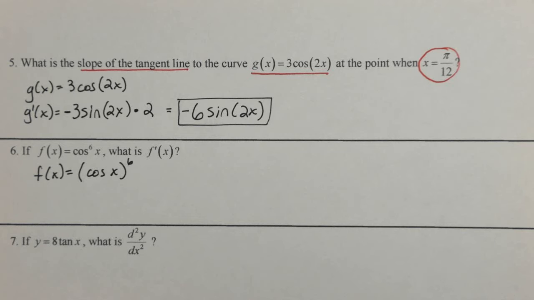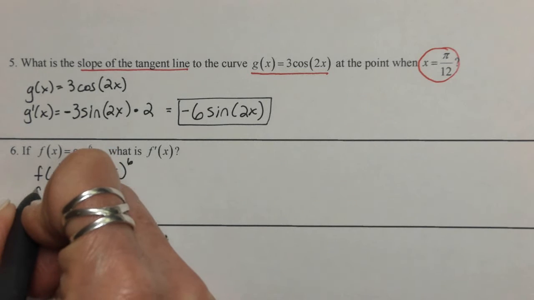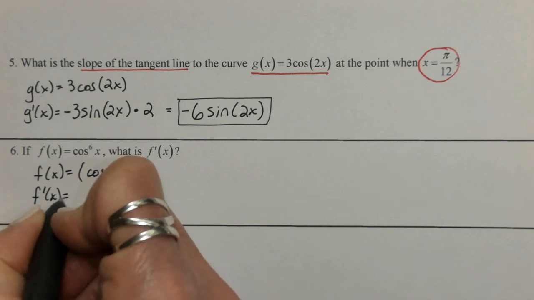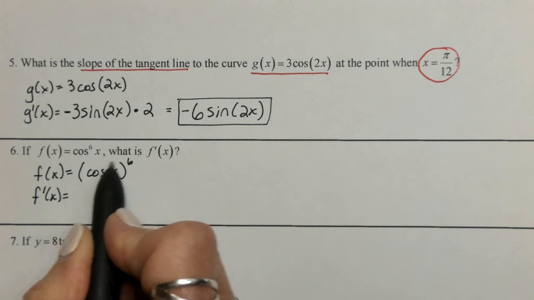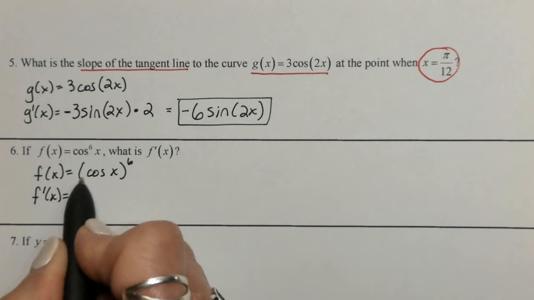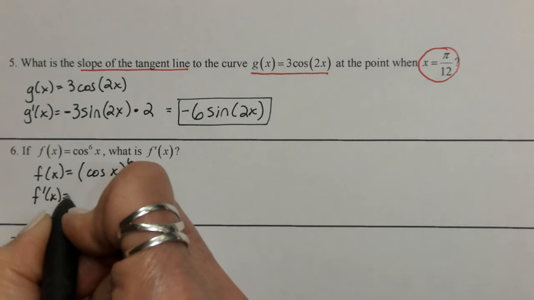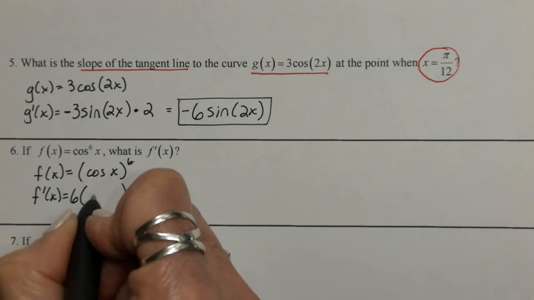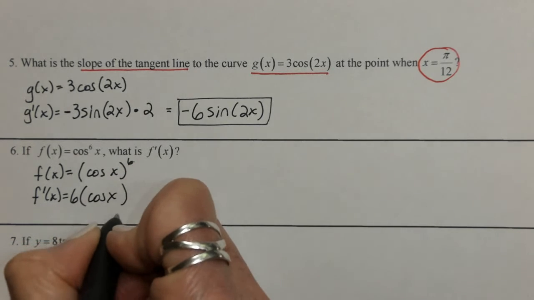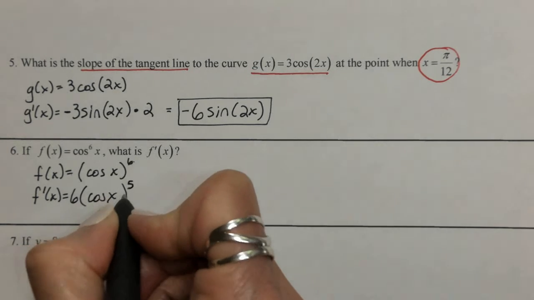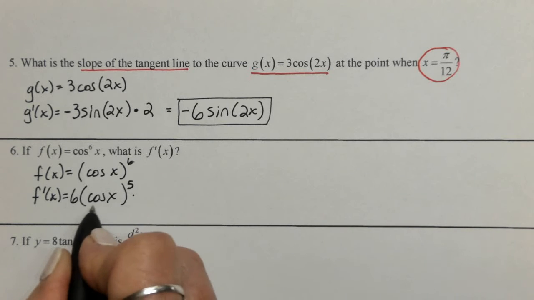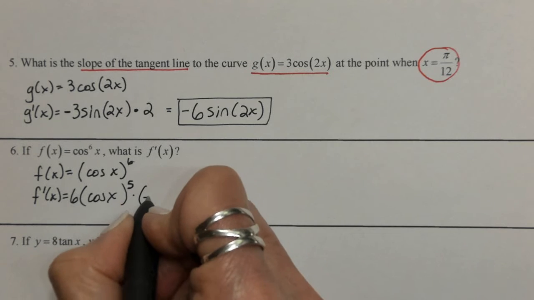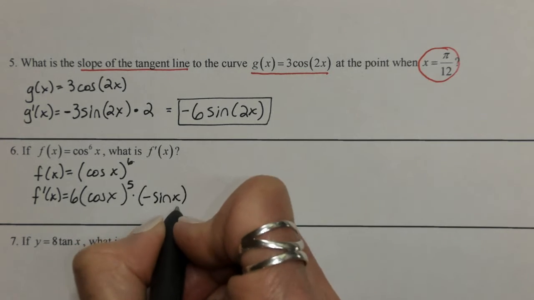Okay? So now we want f prime of x. Well, chain rule. I have something being raised to a power, so chain rule it. 6 times the coefficient, leave your inside alone, reduce your power by 1, and now you multiply by the derivative of your inside, negative sine x.